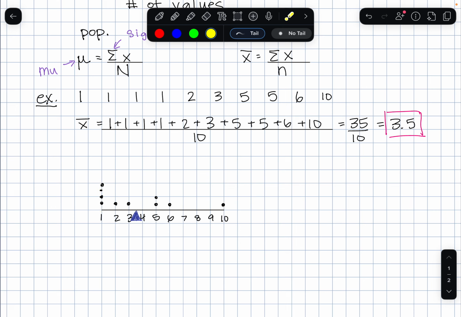So means don't just look at the values in the list, they look at where they sit on our seesaw, and then the mean is going to be the balance point for that set of data on a seesaw. We can find our mean the same way we found our 5-number summary, which is running 1-Var Stats on our list of data. So I can plug this into list 1 and run 1-Var Stats. That would be the very first thing my calculator spits out.